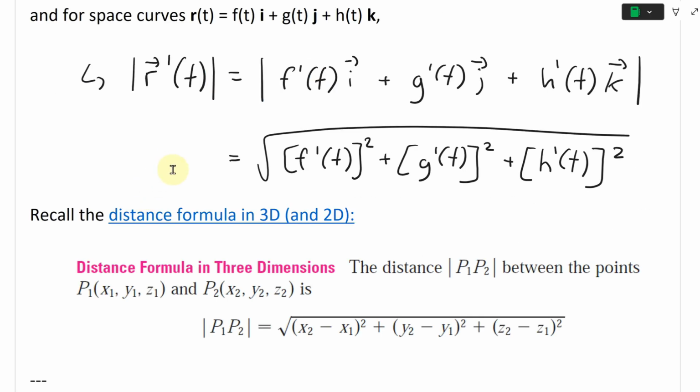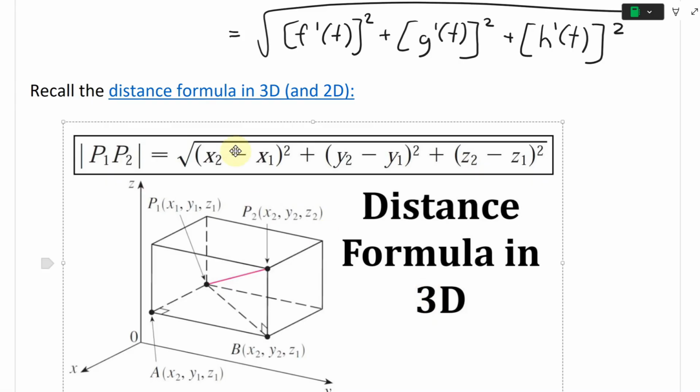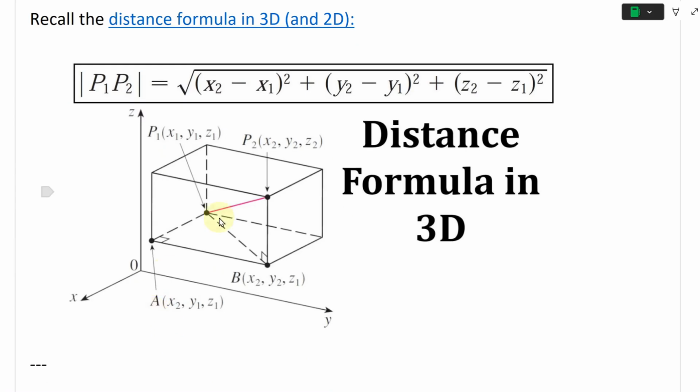And now quickly, recall, here's a link to my earlier video on the distance formula in 3D and 2D. Here I just quickly paused the video and added the thumbnail instead. If you have distance in 2D or 3D, the 2D just has the z component gone.